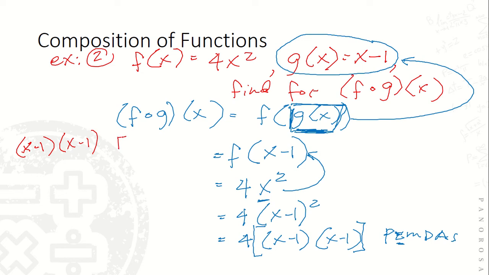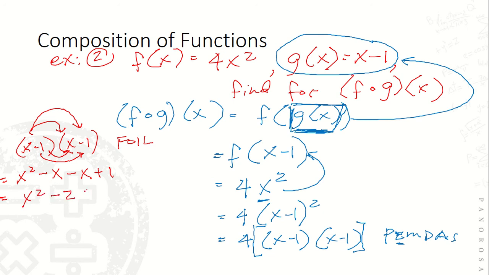Okay, so gagamit tayo ng FOIL method. So, x times x, first term, so that will be x squared. And then outer term, so x times negative 1, so that will be negative x. Then inner, so we have negative 1 times x, we have negative x. Then last term, negative 1 times negative 1, so that will be positive 1. Simplify. So x squared, negative x minus x, that will be negative 2x plus 1.